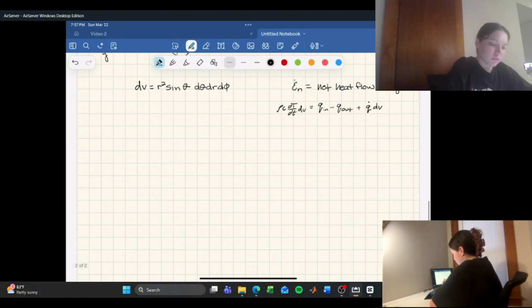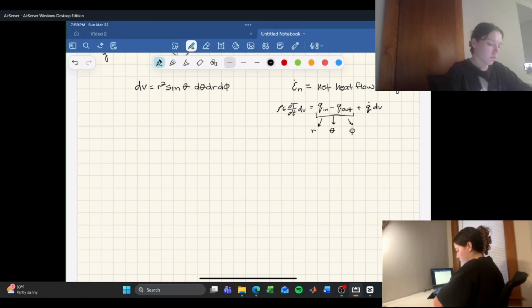So for this section here, this is the net heat flow, but we need to find it in each direction. So this is going to be the net heat flow in the radial direction, in theta, and in phi.